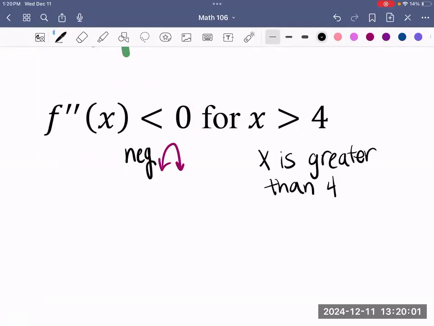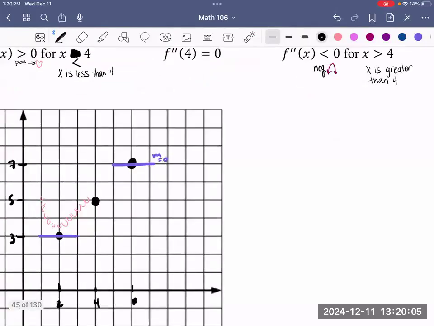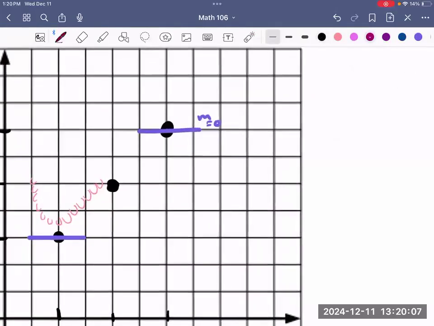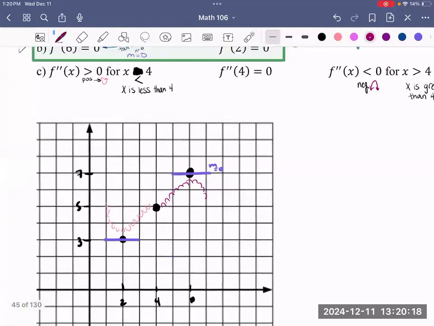So on the right-hand side of 4, it's got to be concave down. So all of the ones on the other side of 4 have got to be shaped like this. And notice that by doing those little tiny ups and downs, we can go ahead and shape your graph.